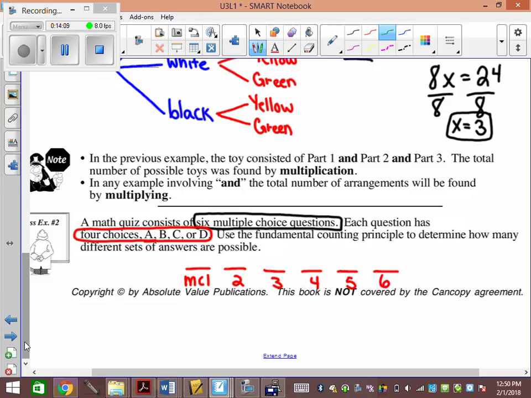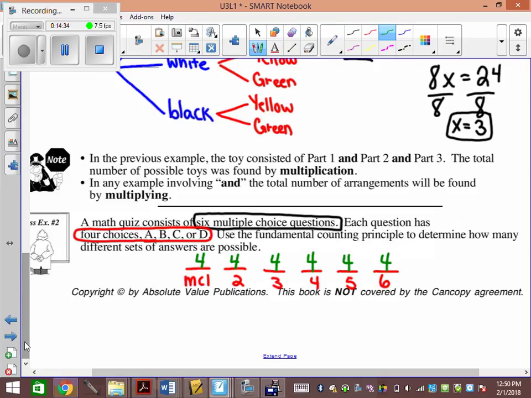Remember, we always state above them the amount of options we have, not how many we pick, but how many options there are in that spot, in that part, correct? So how many options are there in 1? 4. And in 2? 4. And in 3? And 4? And 5? And 6.